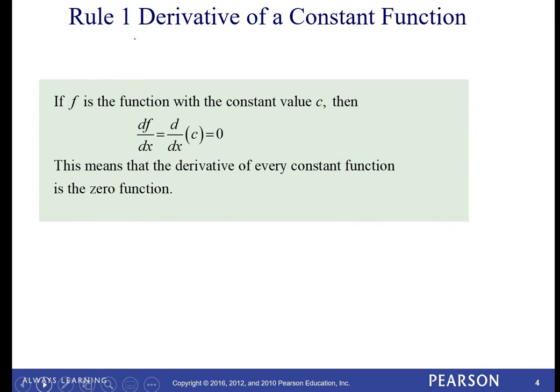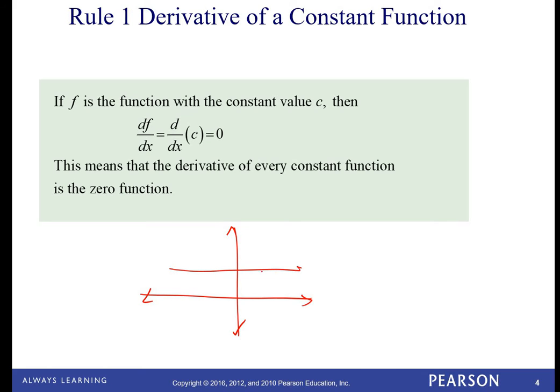So first of all, the derivative of a constant. And these rules are important. We're going to use them over and over and over again. If f is a function with a constant value c, then the derivative of every constant function is the zero function. A constant function is a horizontal line.